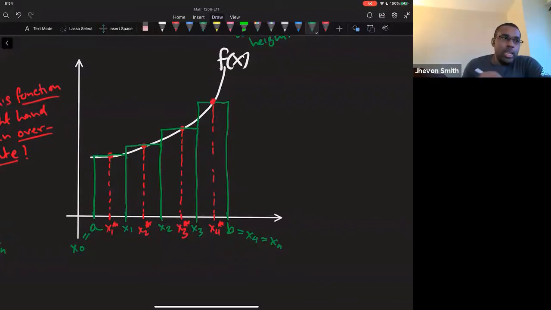Notice that one side gives you an underestimate while the other side gives you an overestimate. So there's area missing on this side, but then it overcompensates on this side.